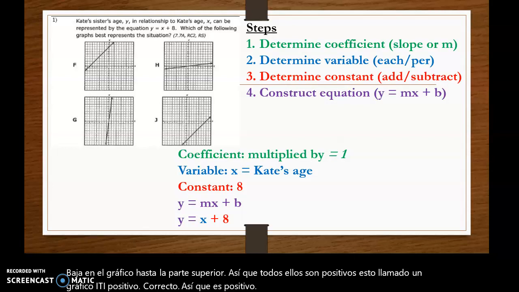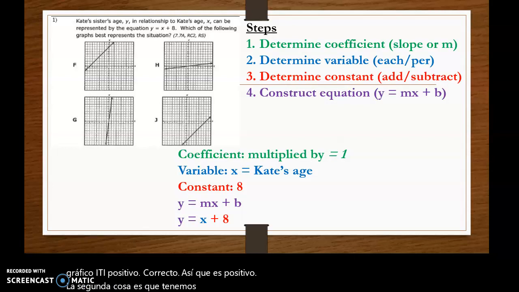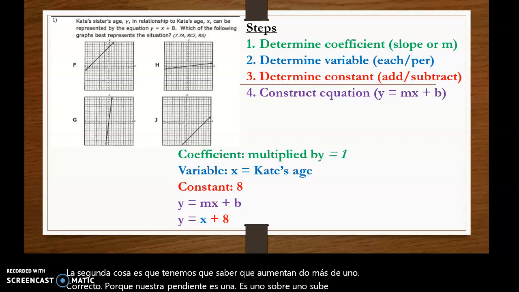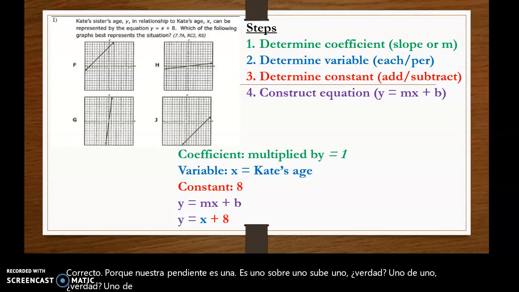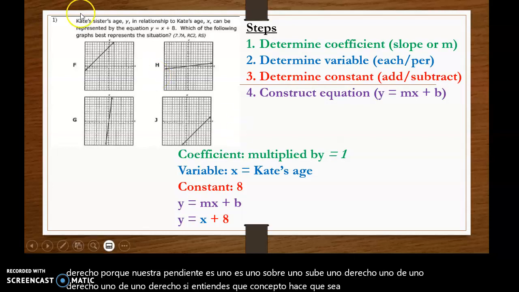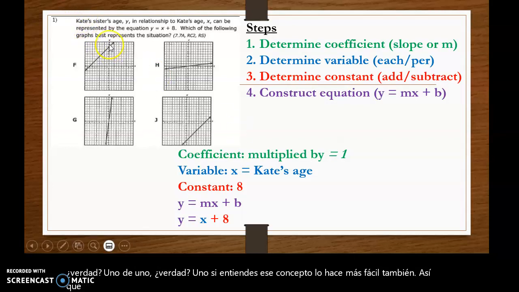The second thing is we have to know that it's increasing by 1, because our slope is 1. It's 1 over 1. It goes up 1, right 1, up 1, right 1, up 1, right 1. If you understand that concept, it makes it easier as well. We can notice that in F, it goes up 1, right 1, up 1, right 1.